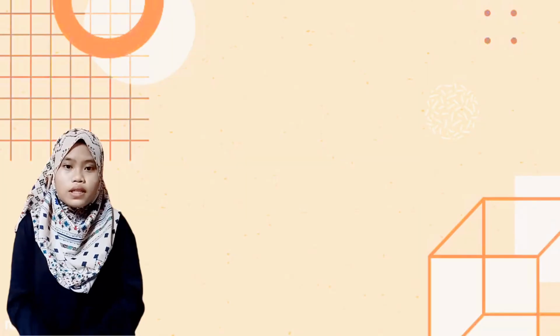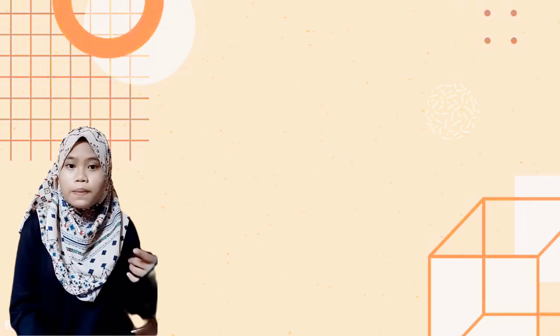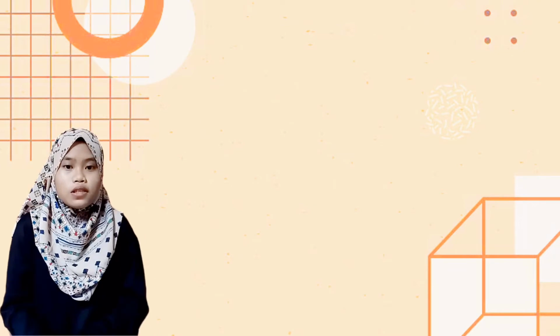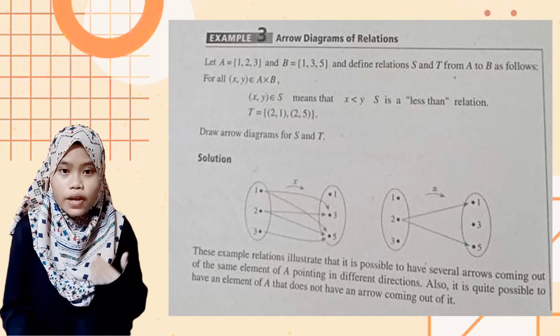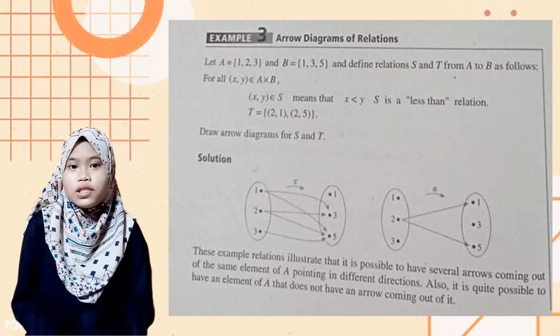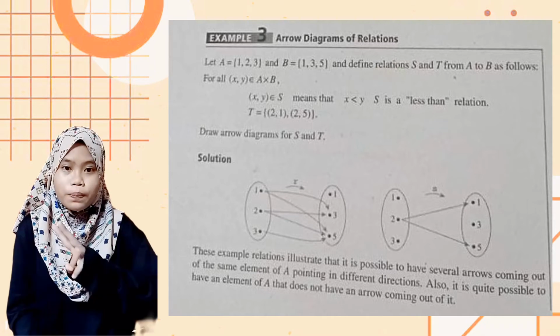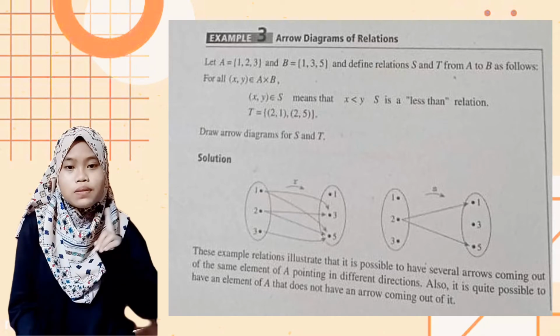Earlier, Mr. Ariston and Miss Aya gave example number 1, a relation as a subset, and example number 2, a circle relation. At this point, we will use an arrow diagram for the relation, but with the same rules. An ordered pair (x, y) is related only when x is less than y.